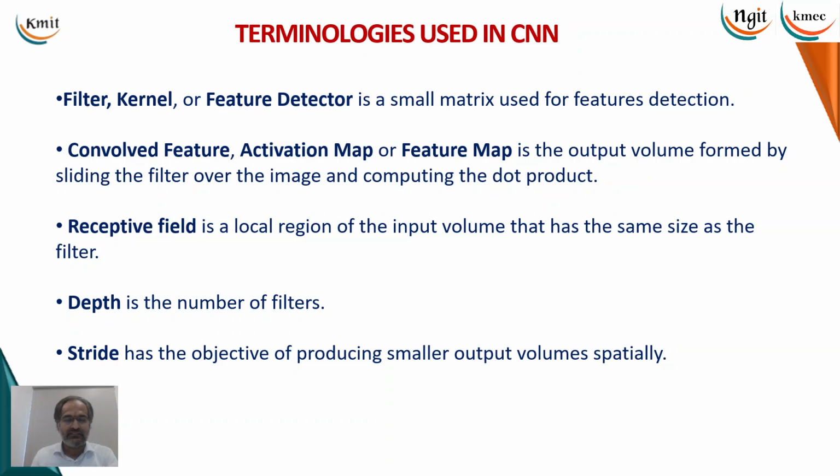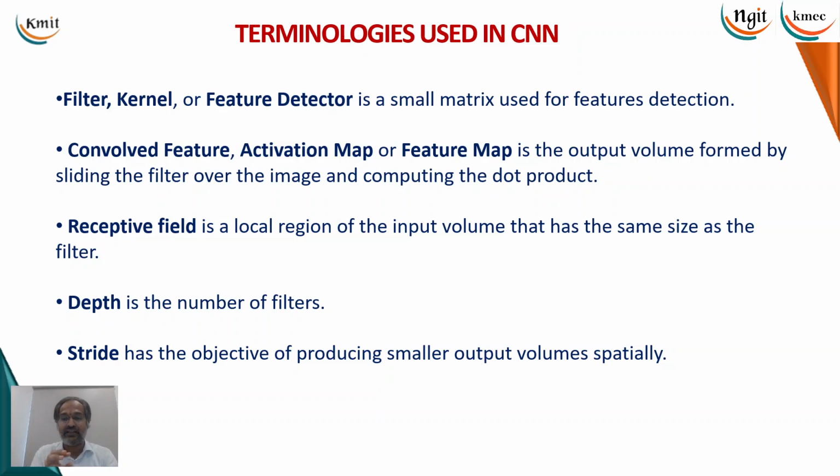And stride means we can move the matrix over the image. While moving, if we move by 1 pixel, that is stride 1. If you move the matrix 2 pixels over the image, it is called stride 2, then stride 3.